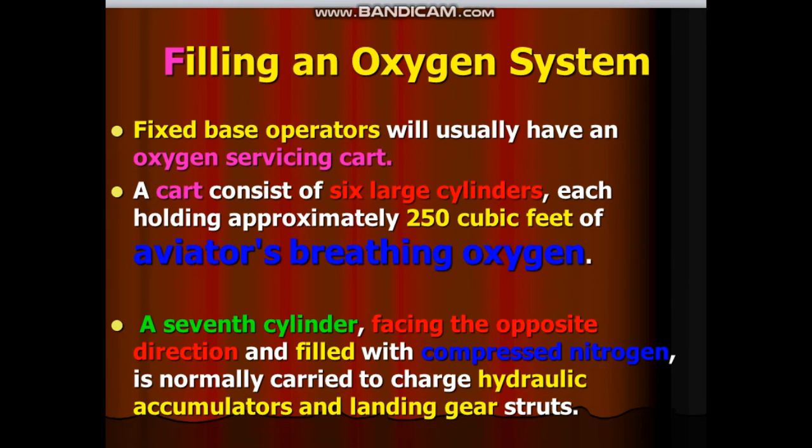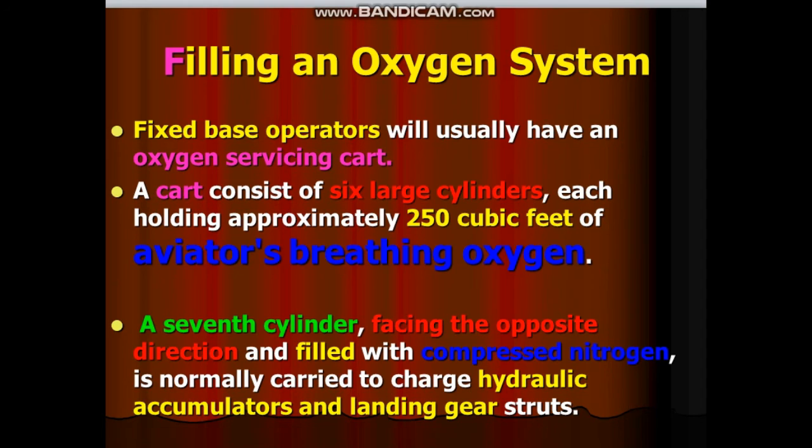Filling an oxygen system. Fixed base operators will usually have an oxygen servicing cart. A cart consists of six large cylinders, each holding approximately 250 cubic feet of aviator's breathing oxygen.